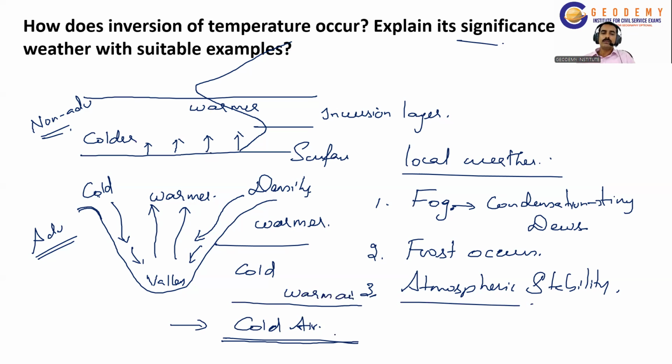Here this cold air mass will not rise because its density is higher than the warmer air mass. So the rise of air mass will not occur, the stability will be caused, and there will be no rainfall due to this. These are the significant local weather conditions.